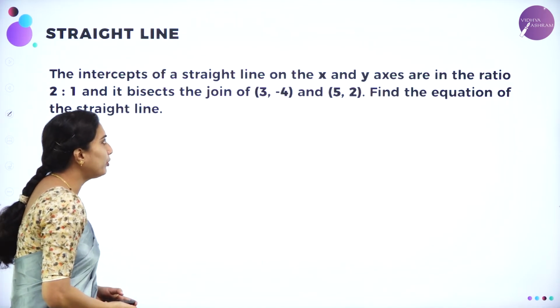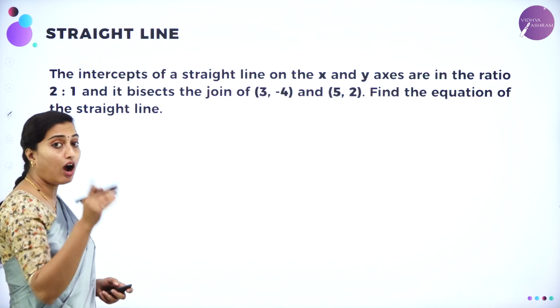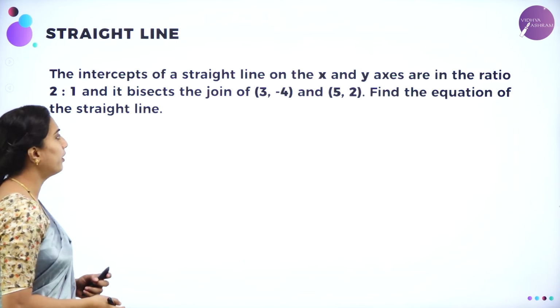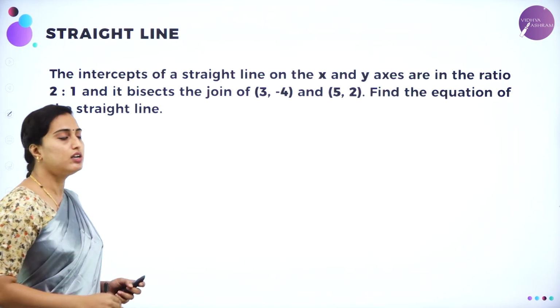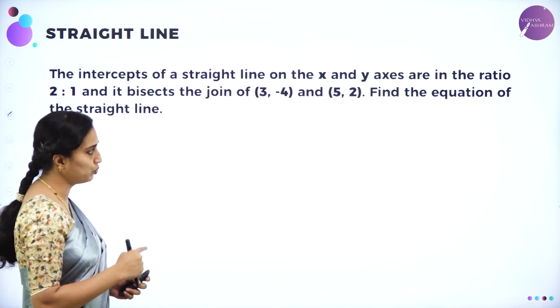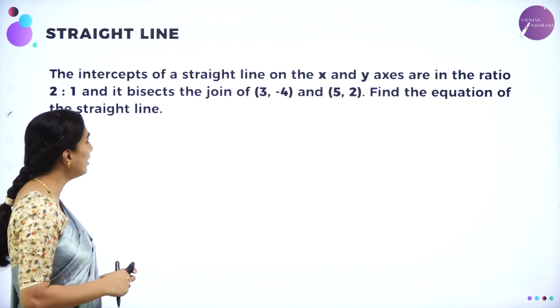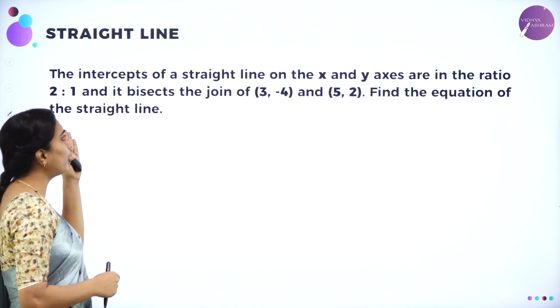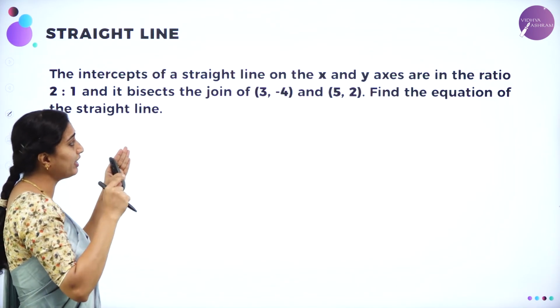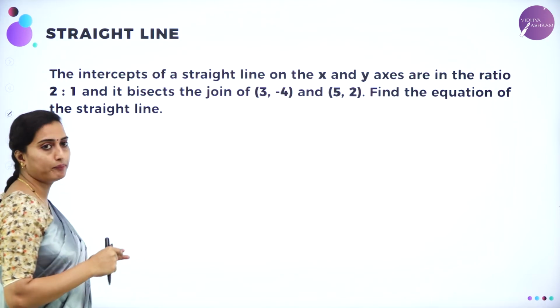The intercepts of a straight line on the x and y axes are in the ratio 2:1, and it bisects the line joining the points 3, minus 4 and 5, 2. Find the equation of the straight line. Here they have given the intercepts on the x and y axes are in the ratio 2:1.